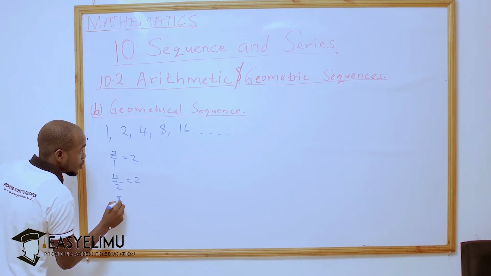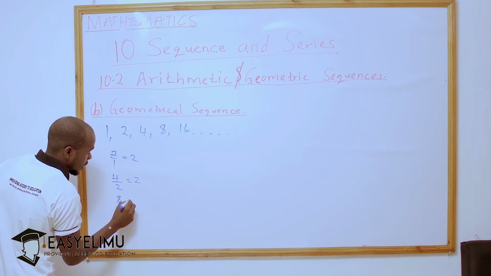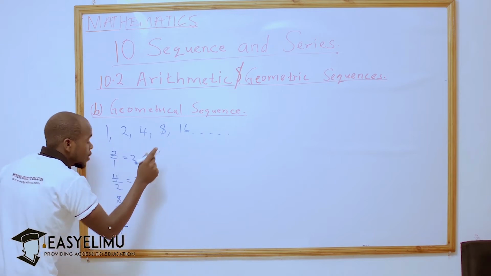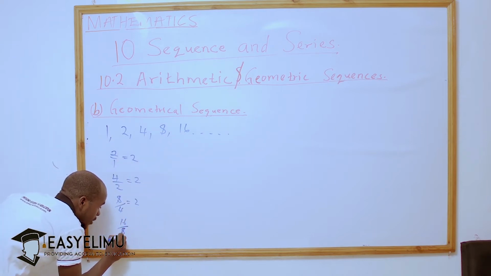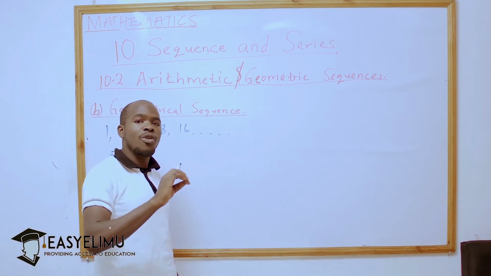The same applies to the fourth term, and that gives us 2. The same for the fifth term, that is 16 over 8, you get 2. So that continues as you move on in the pattern.